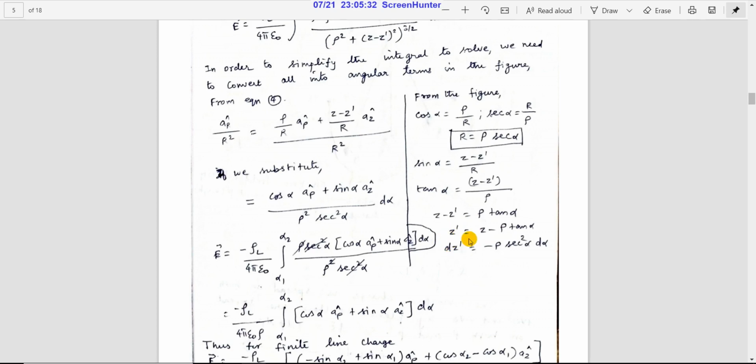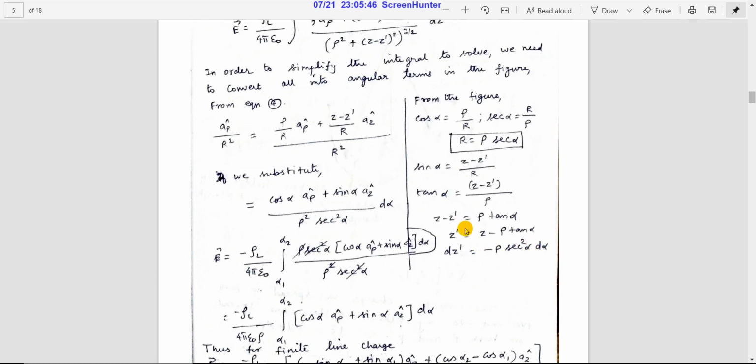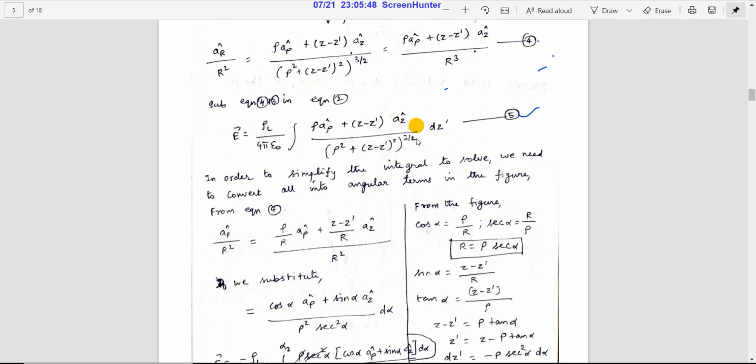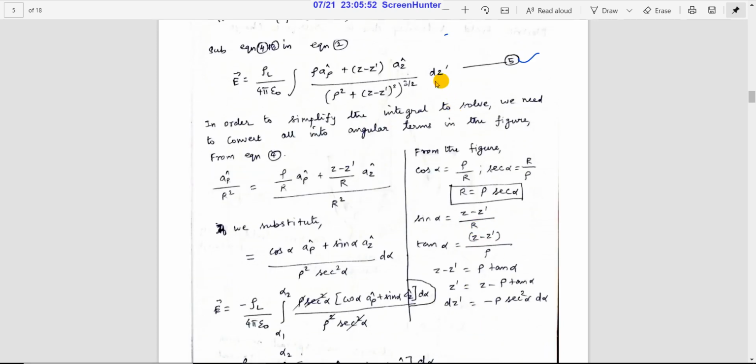If you differentiate, dz dash is equal to, since this is being differentiated with respect to z dash, we have to take z as a constant term, so it is going to be 0. So minus rho into tan alpha is differentiated as minus rho secant squared alpha d alpha.